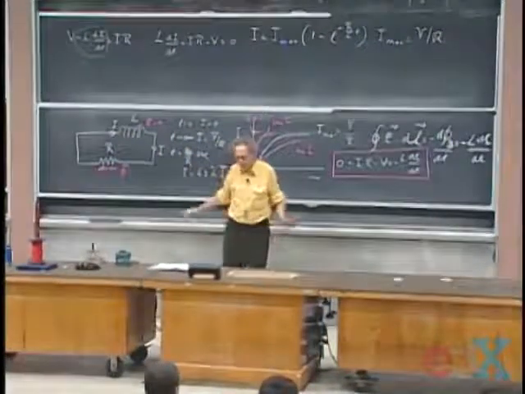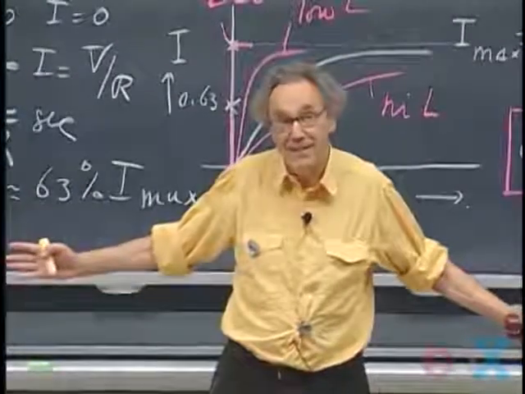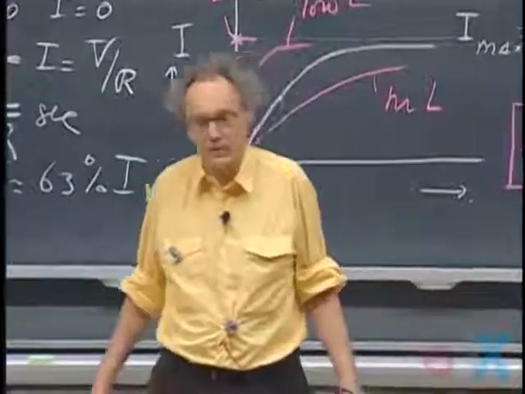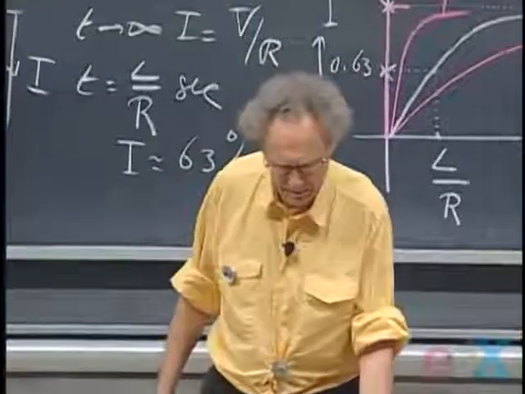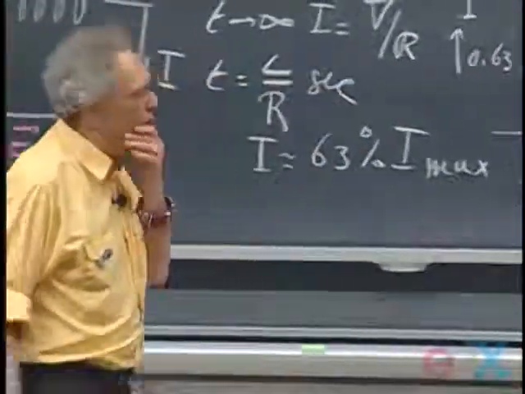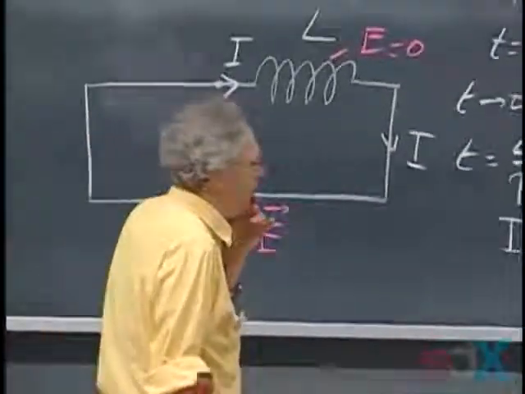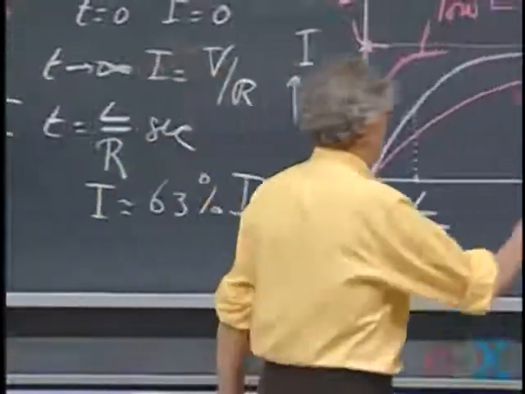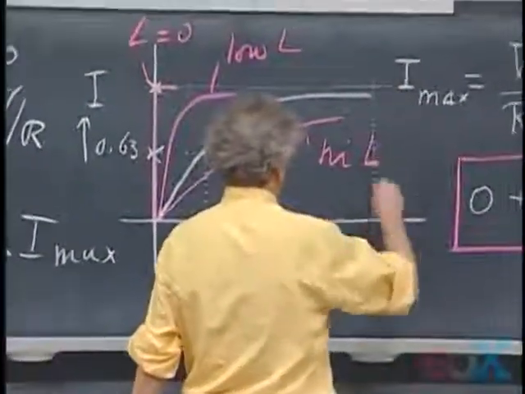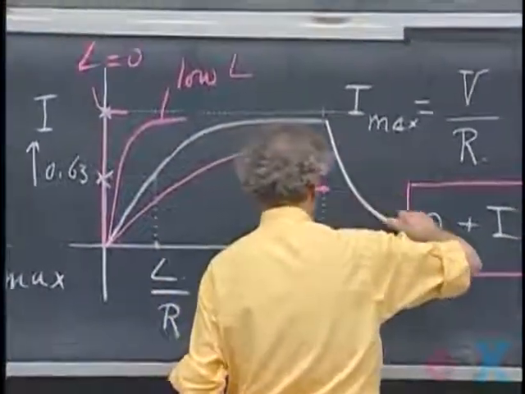Well, the self-inductance doesn't like the fact that the current is going down, so it's going to fight that change. And so you expect that the current is not going to die off right away, but that the current is going to go down sort of like so.